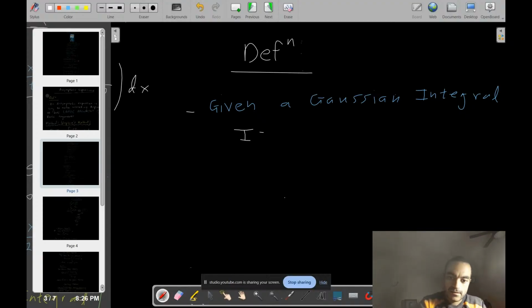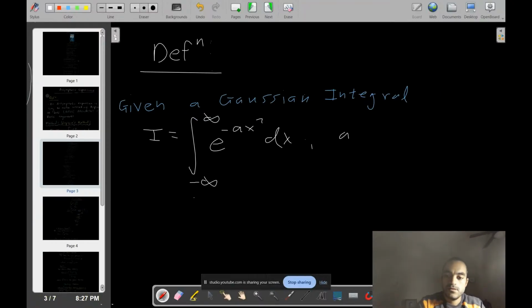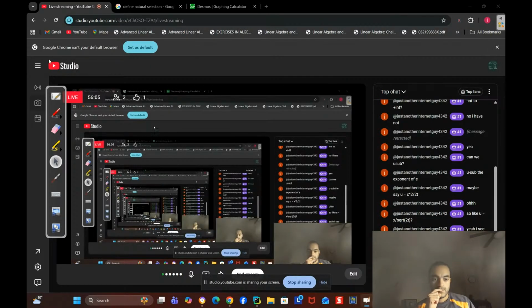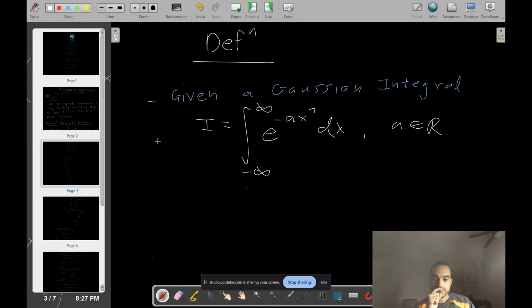I is equal to the integral from minus infinity to infinity of e to the negative a times x squared dx, where a is a constant. A is a constant, a belongs to the real numbers. All right, so this is what we have right now.